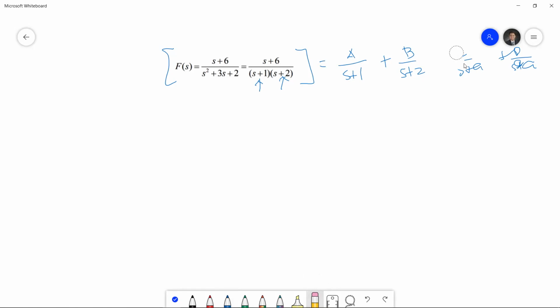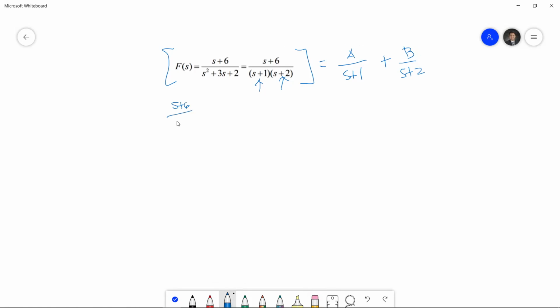So, since dalawa lang yung term natin, we will convert this s plus 6 over s plus 1, s plus 2 into a over s plus 1 plus b over s plus 2. So, we need to find what is the value of a and what is the value of b. Paano ba yan? Equate ko lang dito.